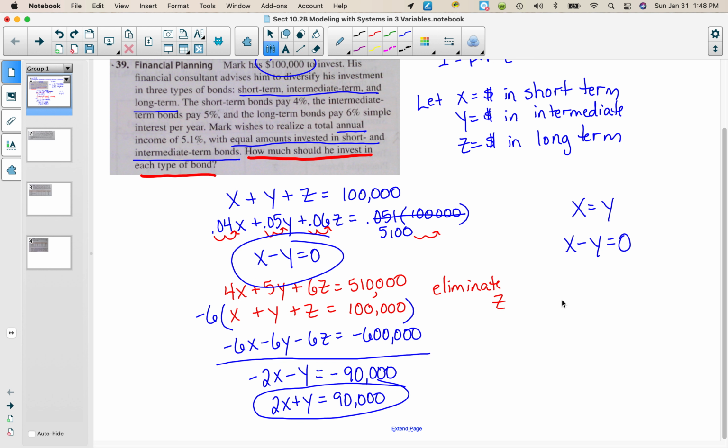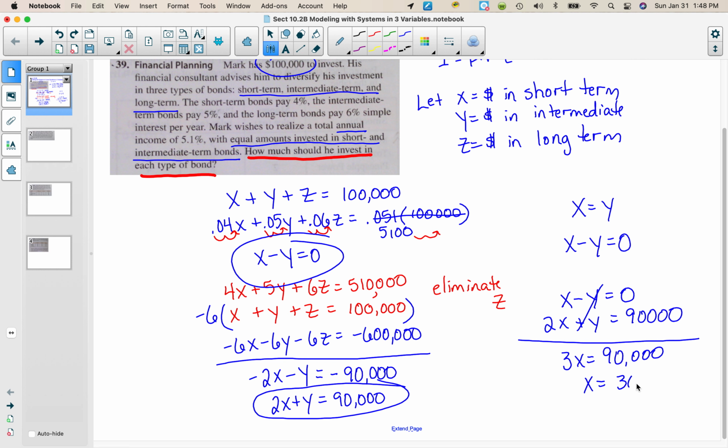So now I have this equation and this equation. So I'm going to do these over here. So I have x minus y equals 0, and 2x plus y, how convenient. So when I combine these, the y's cancel, and I get 3x equals 90,000, which means x equals 30,000.